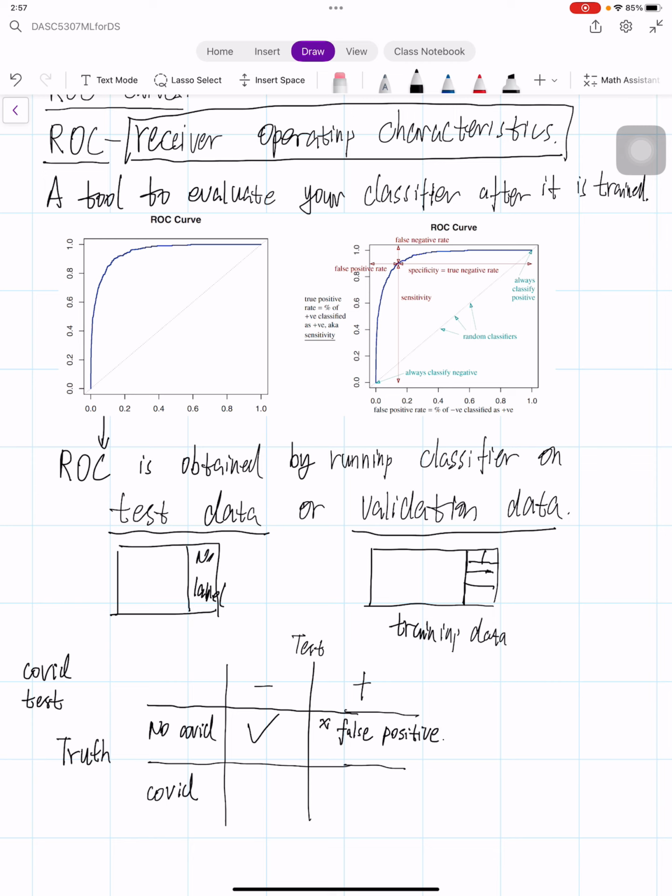Also, if you got COVID and the test result shows you got COVID, which is correct, this is called true positive. On the other hand, if you got COVID but the test failed to detect it, this is another false case. It's called false negative.